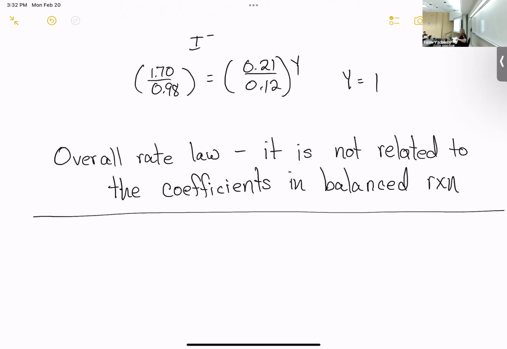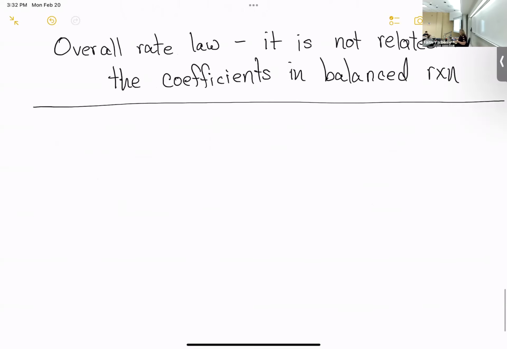Now we're going to move into the integrated rate laws, which I actually find to be more enjoyable, but most people probably wouldn't agree.